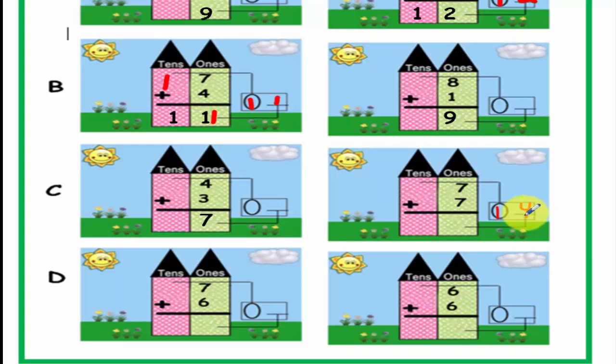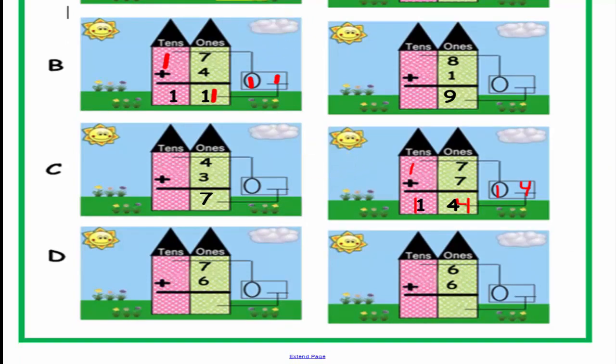So the 4 goes down the elevator and over to the left, and we go right here for our 4. And the balloon just goes up, up, up, and over into the tens column. Now, we bring the 10 down, and our answer should be 14. Let's click on it and see if that's correct. Yes, it is. The answer is 14.